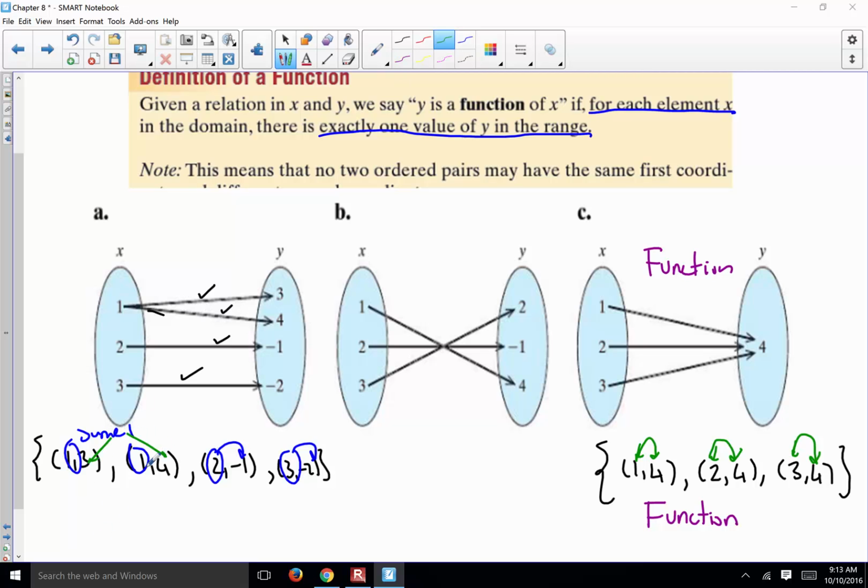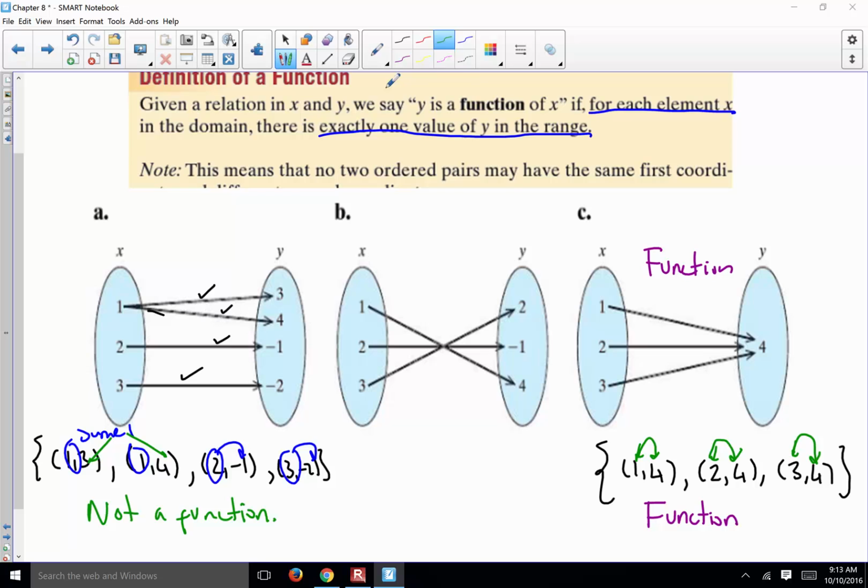So if there is a repetition in one of the couples, the first term repeated, then this is not a function. 1 is going to 3 and the same 1 is decided to go another way, impossible. It's a relation, but not a function.